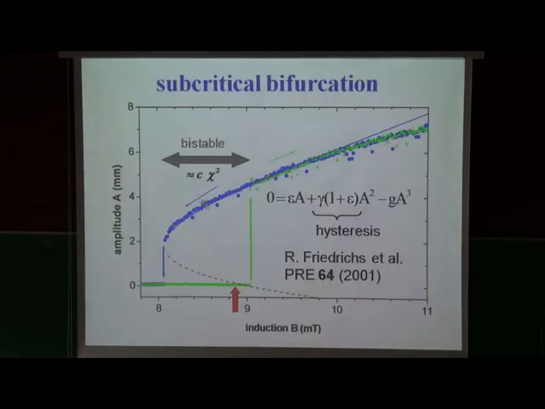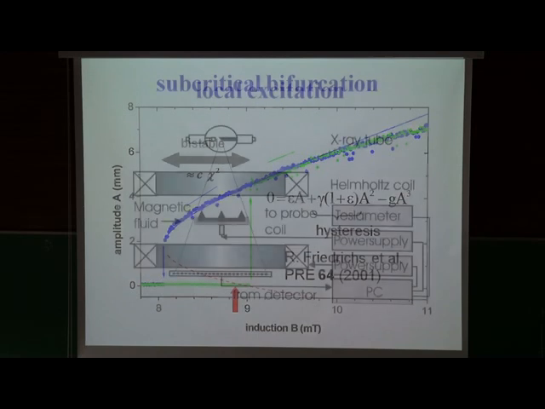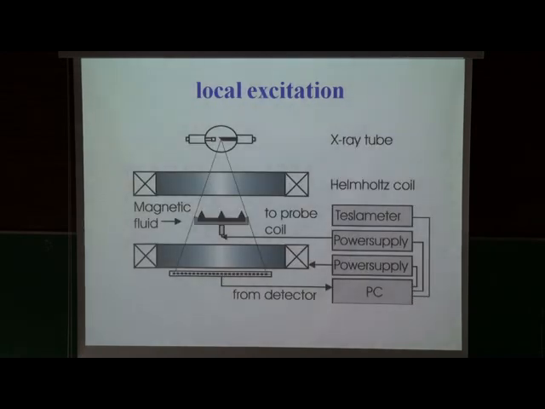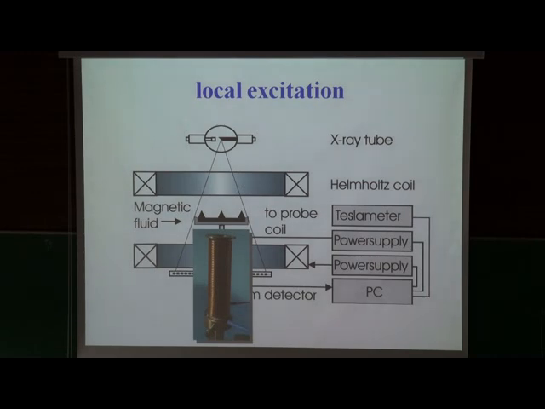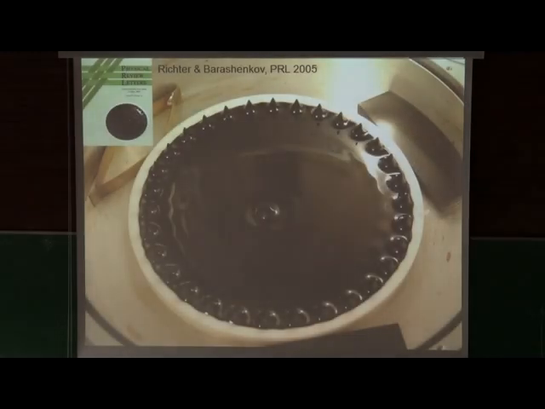And now the question is, what will happen if we disturb the system somewhere in the flat layer, where it's already bistable? And this we have done, and for reasons of reproducibility and well-defined parameters, we applied a small additional probe coil beneath this dish, and now I switched on this additional field in this bistable regime, and you see a solitary spike is popping up.